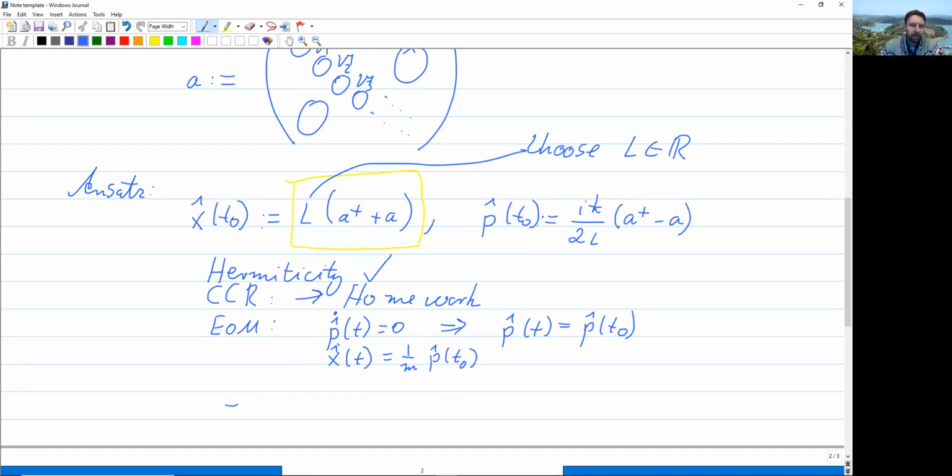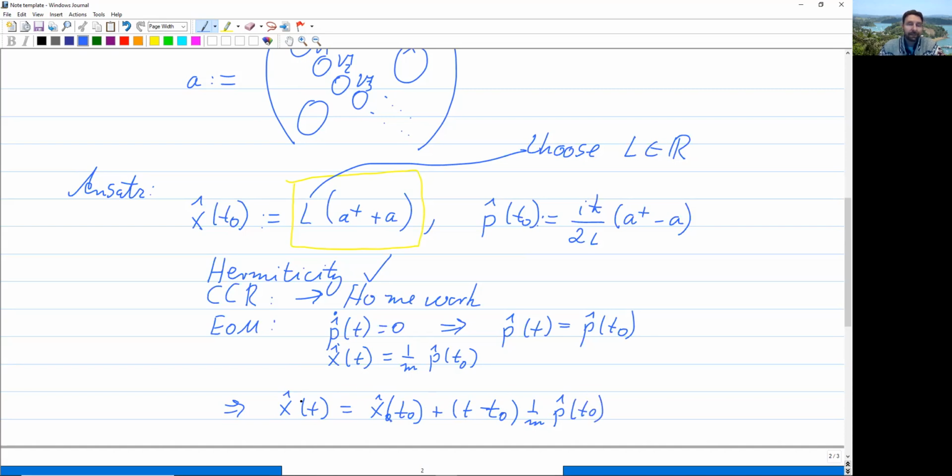And from that, we can already tell that x hat of t has to be x hat of t naught in order to fulfill the initial condition, and then t minus t naught times 1 over m p hat of t naught.